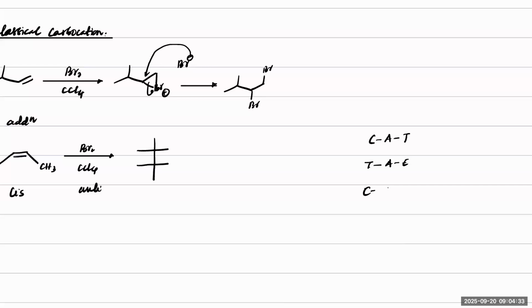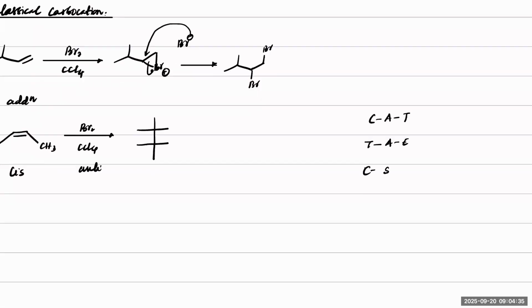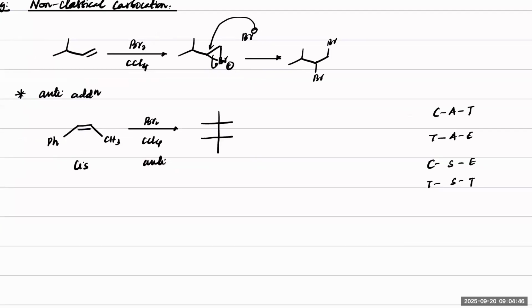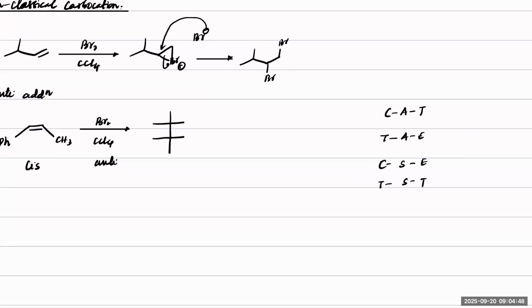Cis and syn elimination will give you erythro, trans and syn elimination will give you threo. This is what you need to check. So this is a cis molecule going for an anti-addition, so I should get threo. That means both Br should be opposite in Fischer projection, with one being phenyl and the other being methyl here.